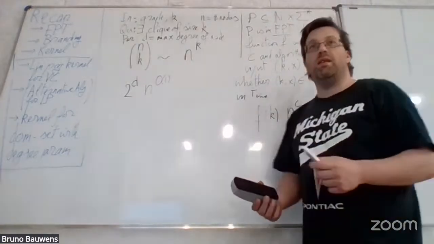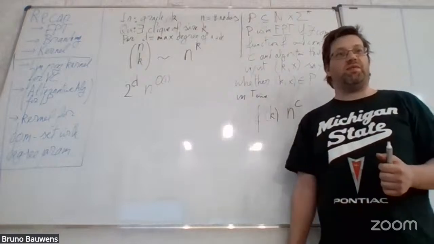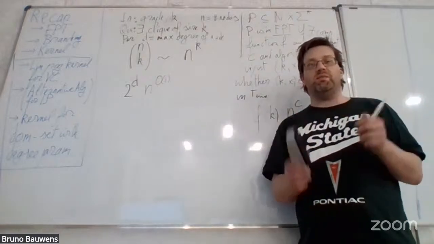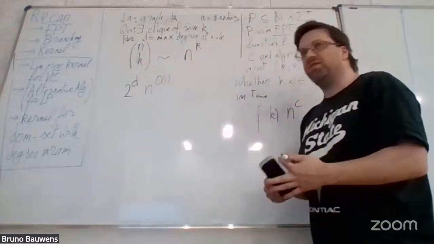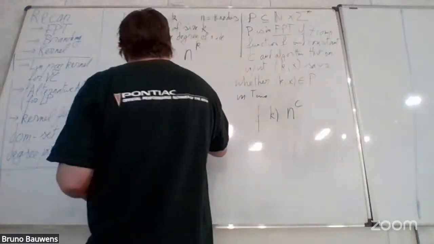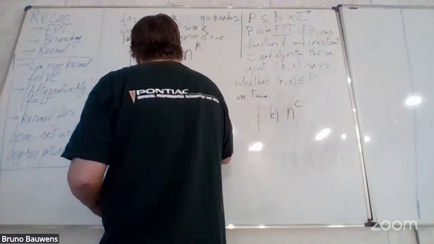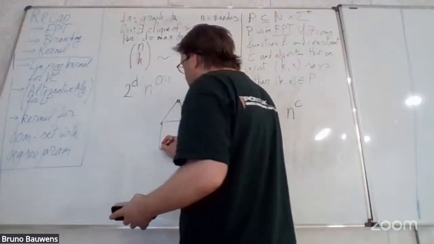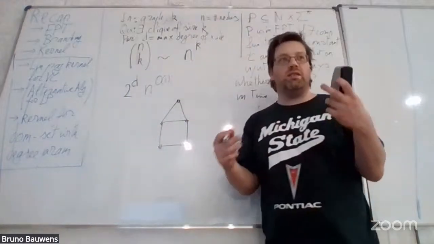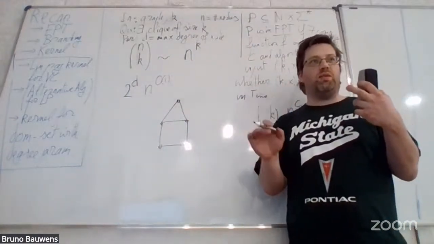There was some clever idea. We used the branching algorithm. So remember, what is a vertex cover? It's a set of nodes such that every edge hits at least one node in the set.